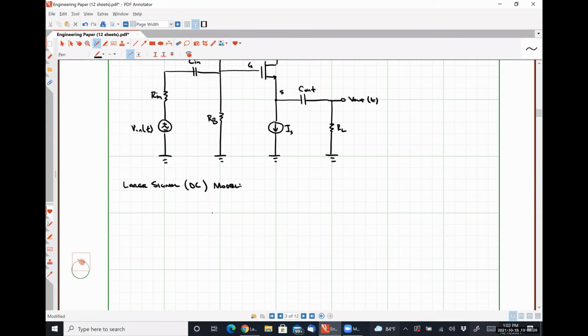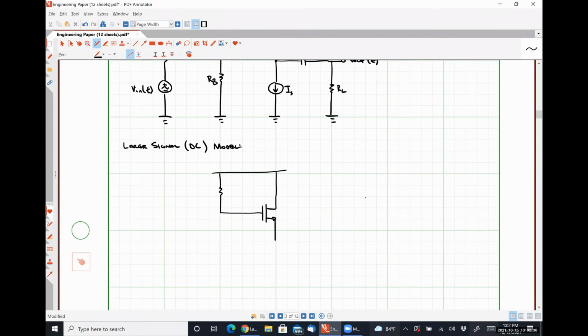So our large signal model here should look something like this. RA, here's RB.